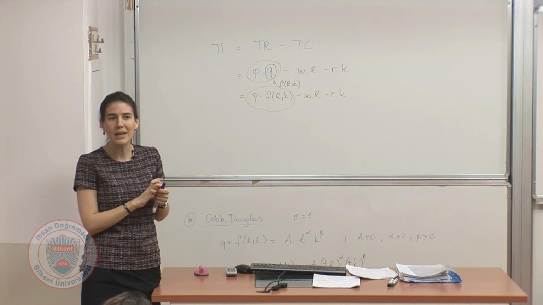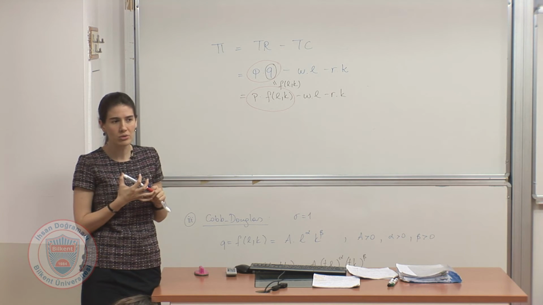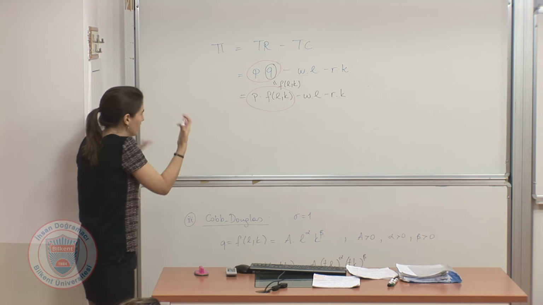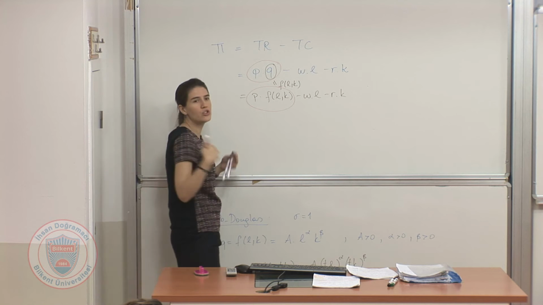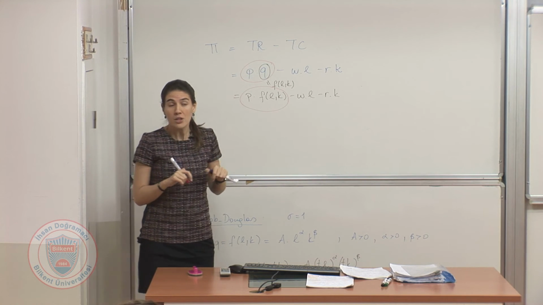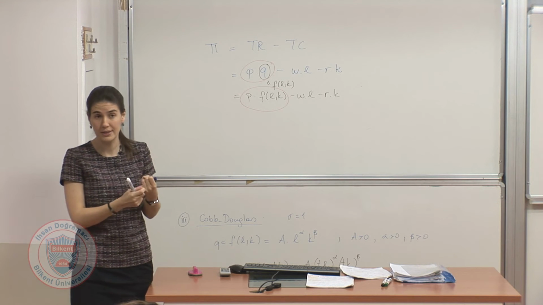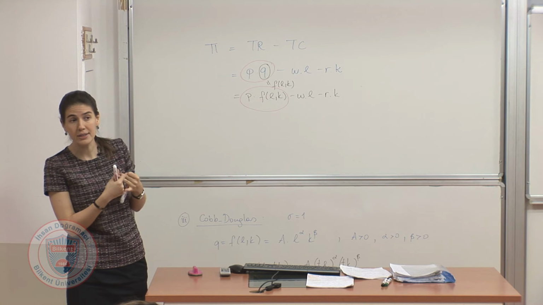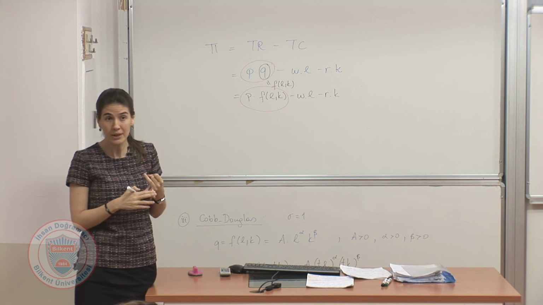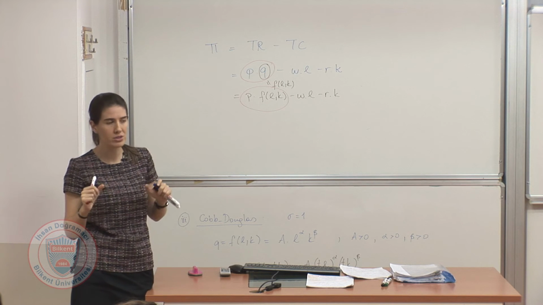So if I sell too much, then the price might decrease. So there could be, and that is the more general case, this price is a function of Q, okay? So how would you decide on your quantity? How much to produce? How much to sell? What would be the price? These depend heavily on the market structure, okay?